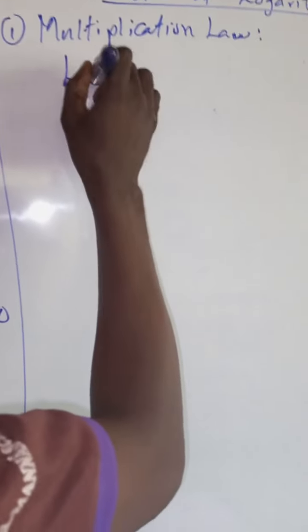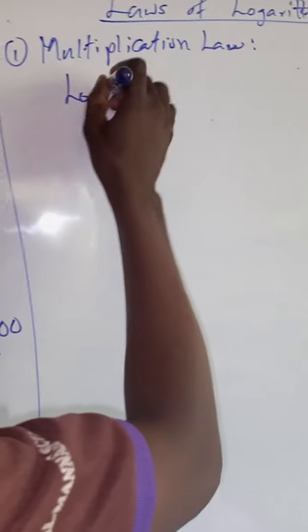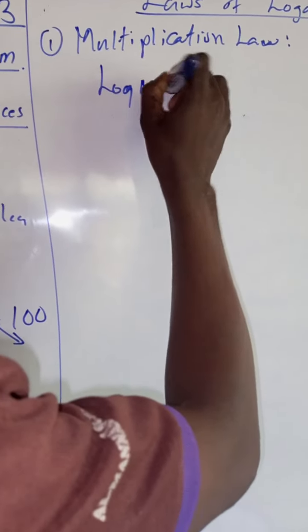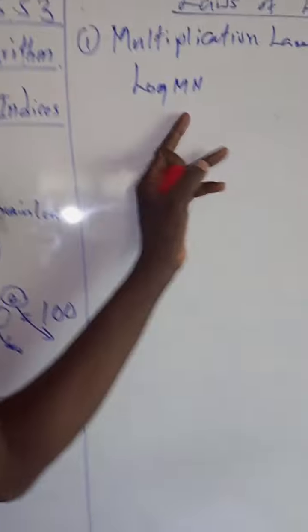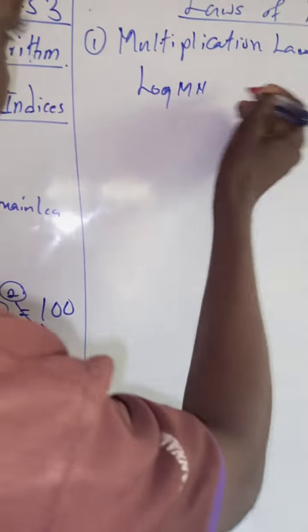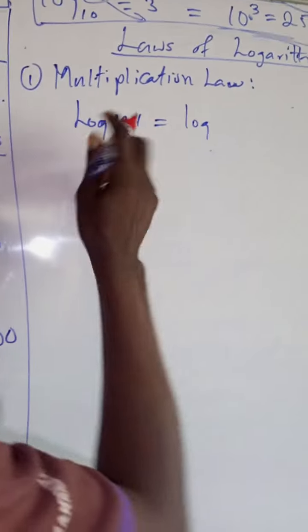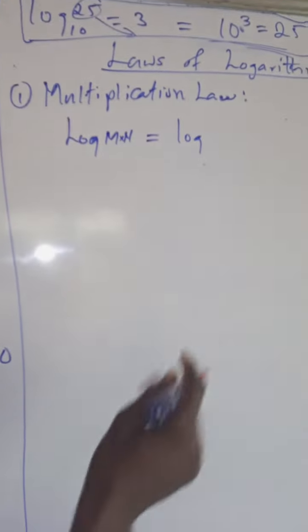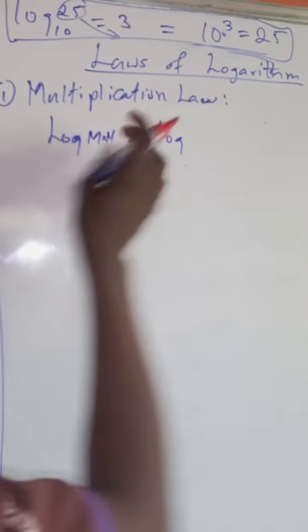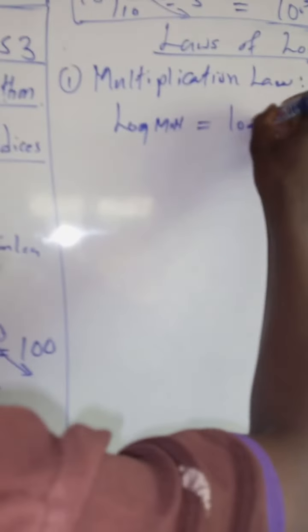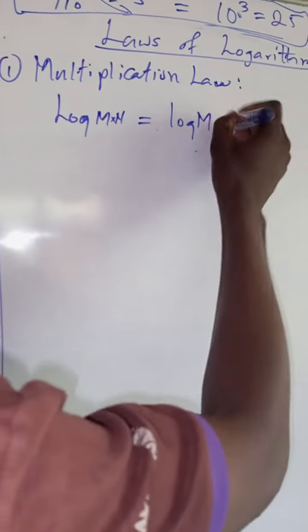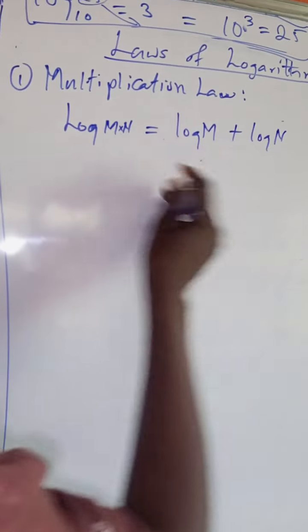It says log mn. I hope you know when I write mn, I mean m times n. It's the same thing as saying multiplication will change to addition, but in separate form, that is log m plus log n.